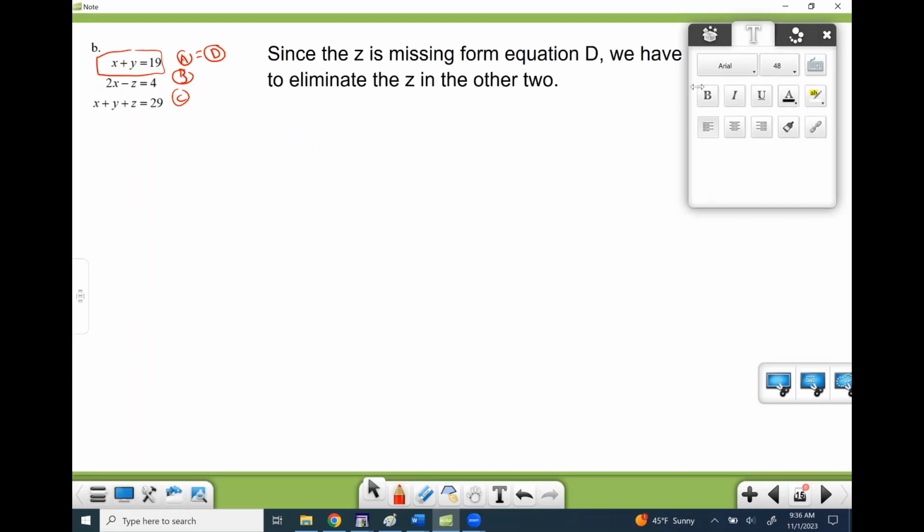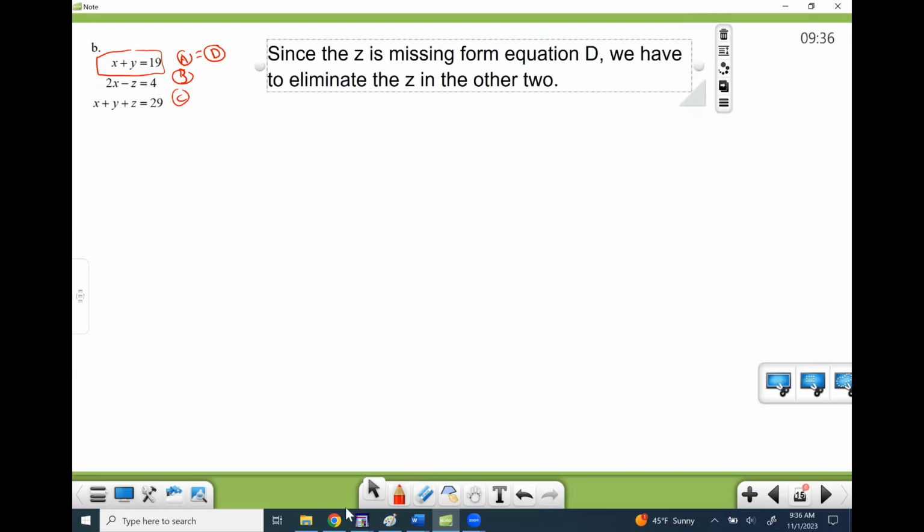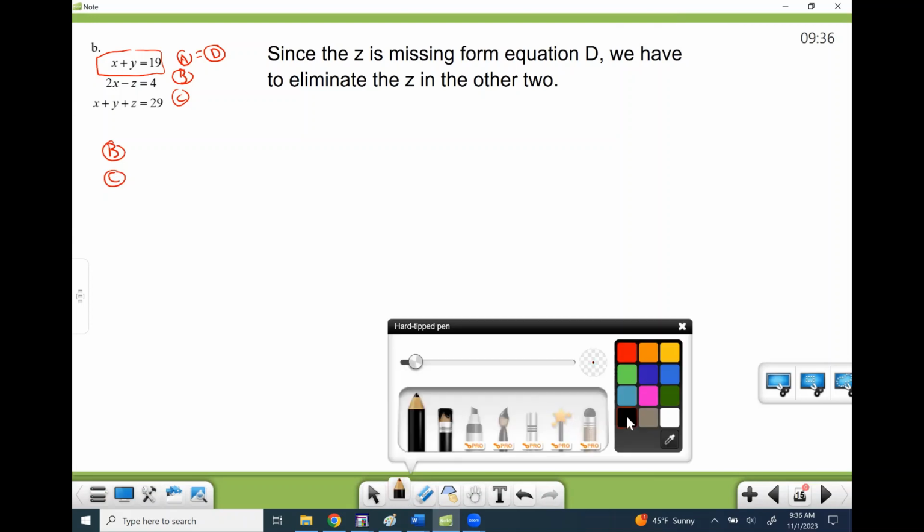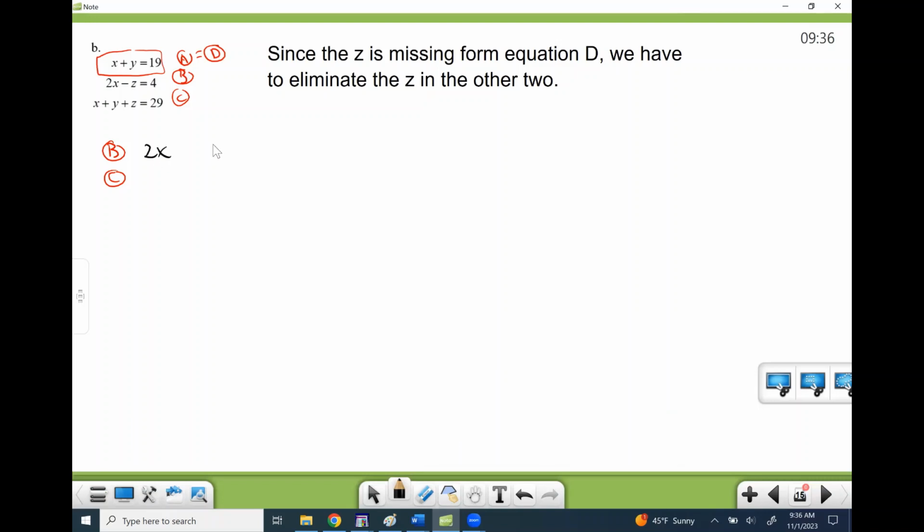So since the Z is missing, we've got to make the Z go away when we put B and C together. Okay, so we're going to put B and C together. Now the key here is to line them up properly. Like we're going to need some spaces. So on equation B where the Y would be, I'm just going to leave a little bit of space.